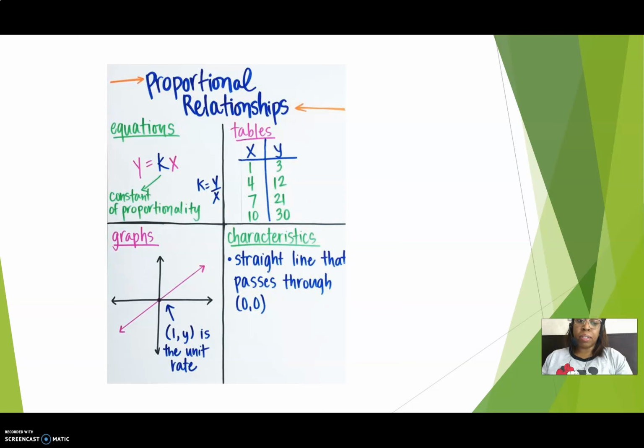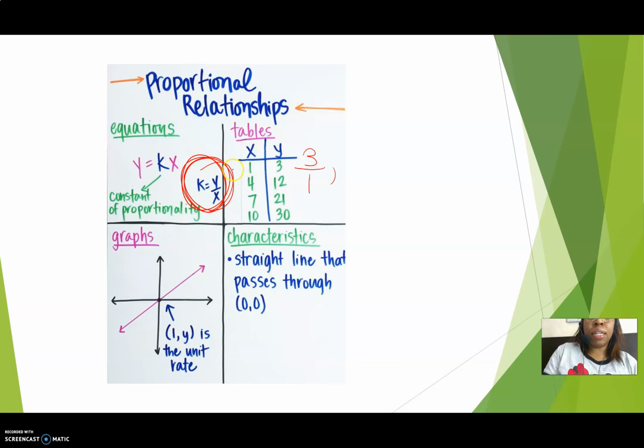And when we're working with tables, that is so important, because that helps us tremendously to determine what that constant of proportionality is. So if you look at that table, we have some x values, we have some y values, and to determine the constant of proportionality, we're going to set up some fractions, just like in this portion here. So y over x.